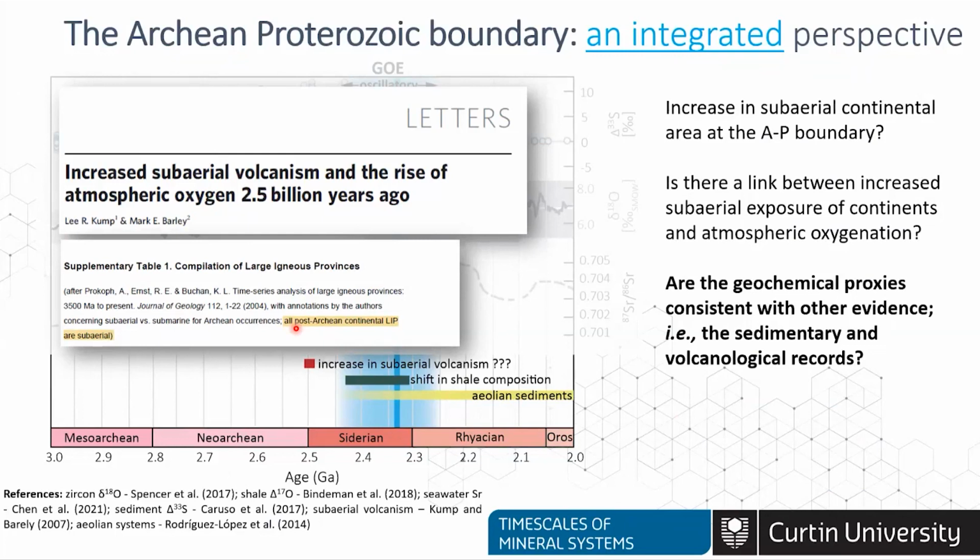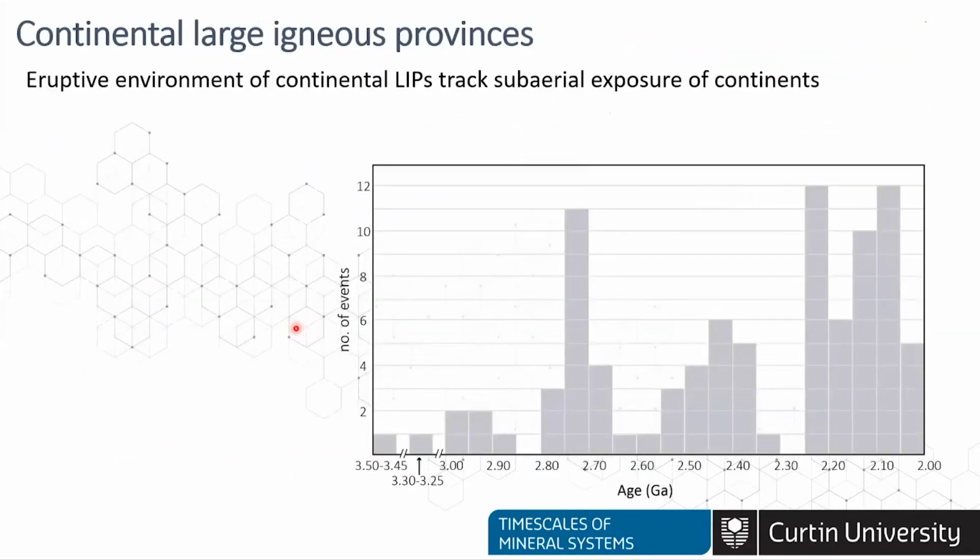So we looked into this in a little more detail. And the idea behind this study was to use the continental large igneous province record as a more direct record of subaerial exposure of continents as compared to geochemical proxies.